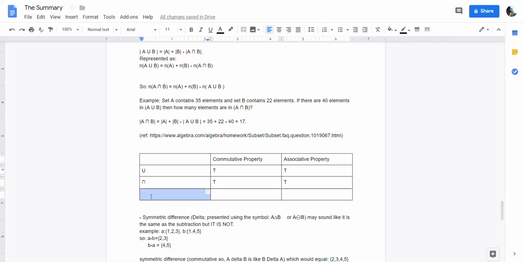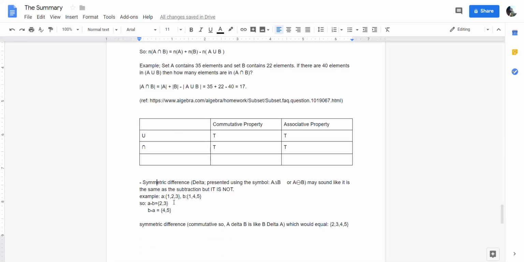Now this is where we stopped last time, in what we call the symmetric difference. The symmetric difference is given the symbol delta, or this symbol here. I'm not sure what this symbol is called, but it is basically called delta in our case. Symmetric difference means that if you have two sets, it's all of the elements excluding the intersection of those two sets, that is, excluding the shared elements between the sets.